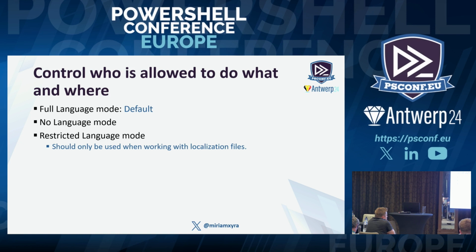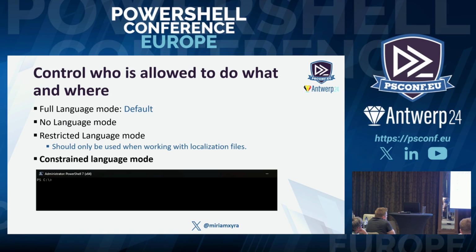So you also don't usually use the restricted language mode, but what we can use is the constrained language mode. With the constrained language mode enabled, PowerShell prohibits running dangerous or risky elements, like, for example, accessing arbitrary API, COM objects, or running C# code with Add-Type.